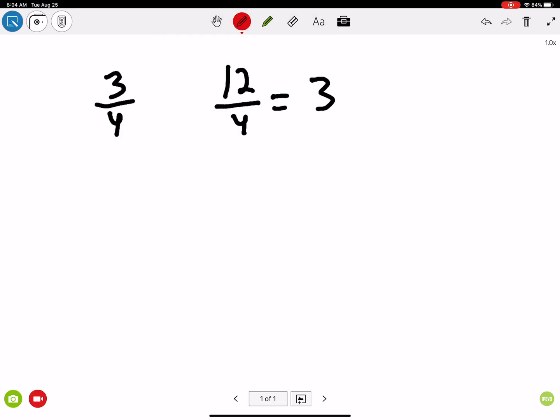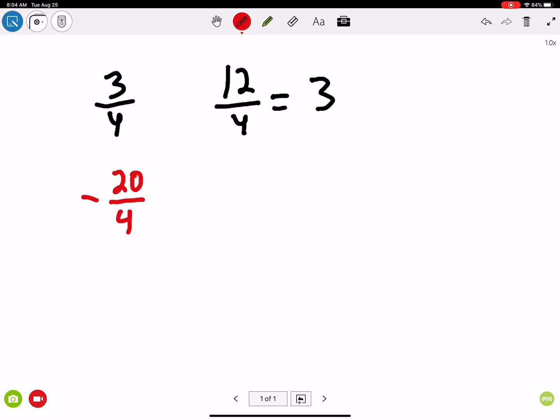Now in this case, let's do negative 20 over 4. Notice that there's one negative symbol. Now the way that it's written, if I ask you, well, what's negative? Is it the 20? Is it the 4?